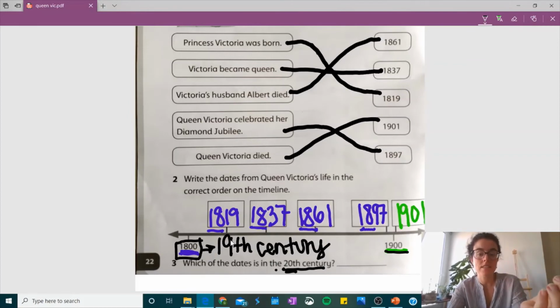So what date of these 5 dates, 1819, 1837, 1861, 1897, or 1901, is in the 20th century?